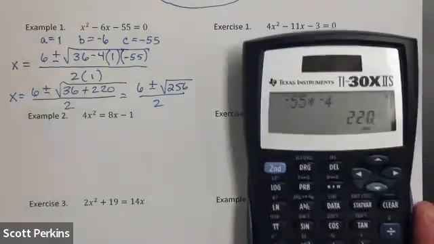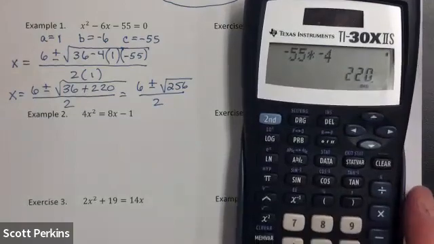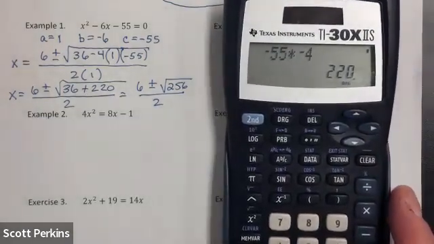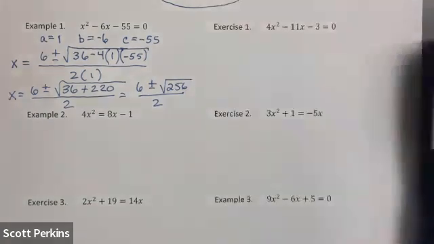I'm just going to take a shot with that 256. If it's a perfect square, great. If not, then I'll have to go ahead and simplify it, but let's see. So I've got the square root of 256. In this case, that works out to be 16, so that's good news.